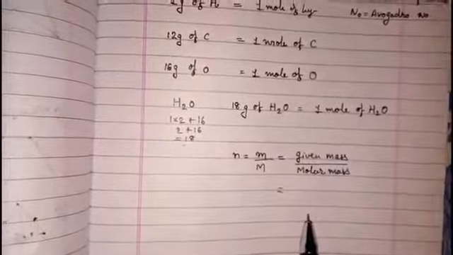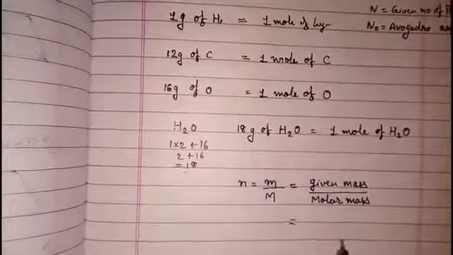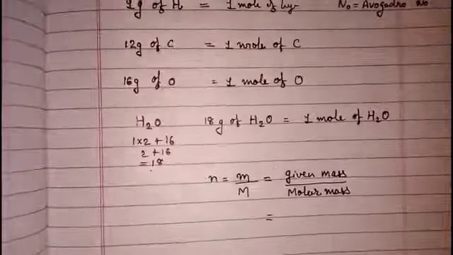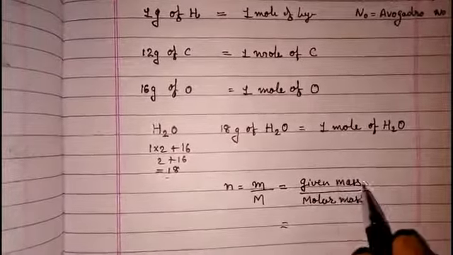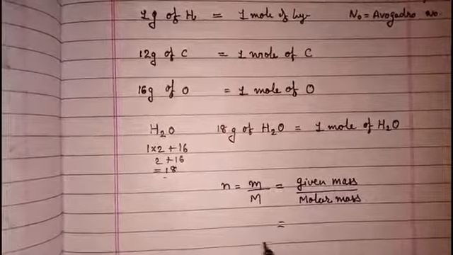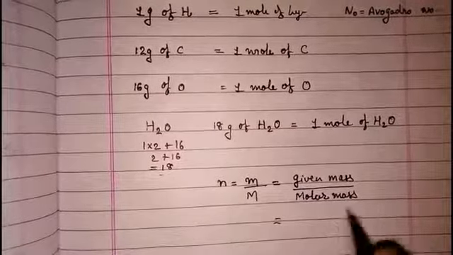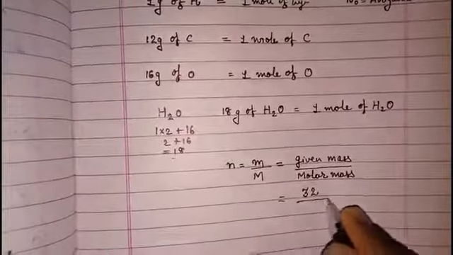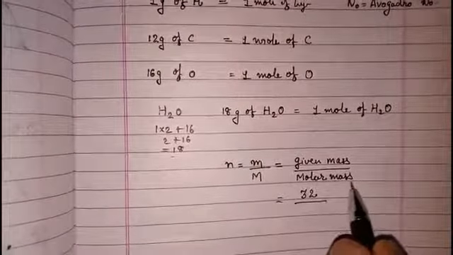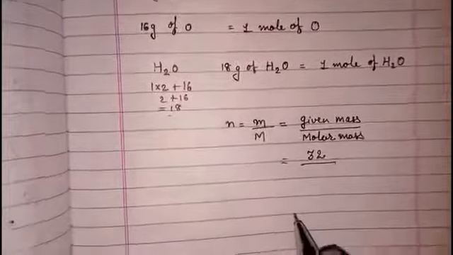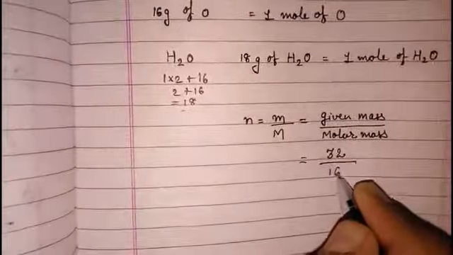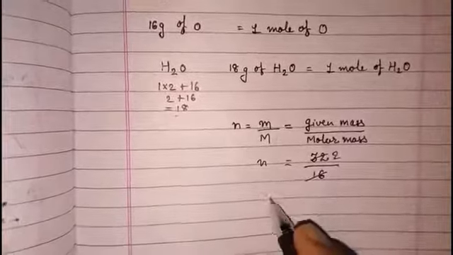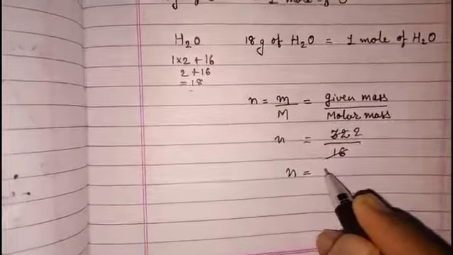If I have 32 gram of oxygen, then how many moles will it be? They have given us the given mass, 32 grams of oxygen, and we know the molar mass of oxygen is 16. So how many moles will there be? On cancellation, it's 2, so the number of moles will be 2.